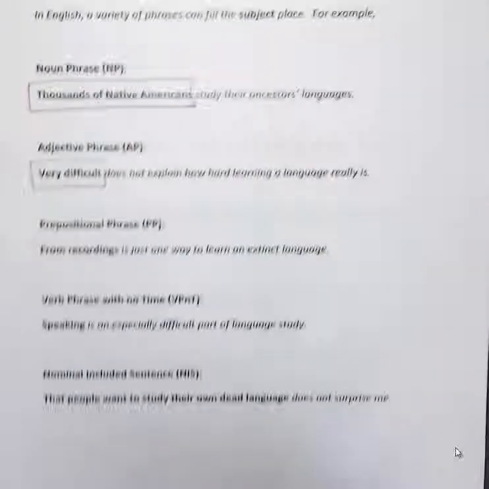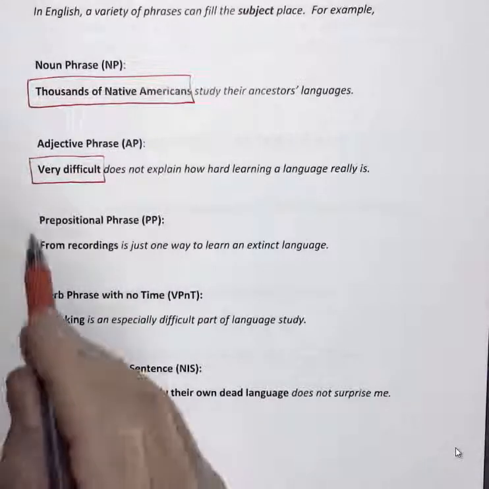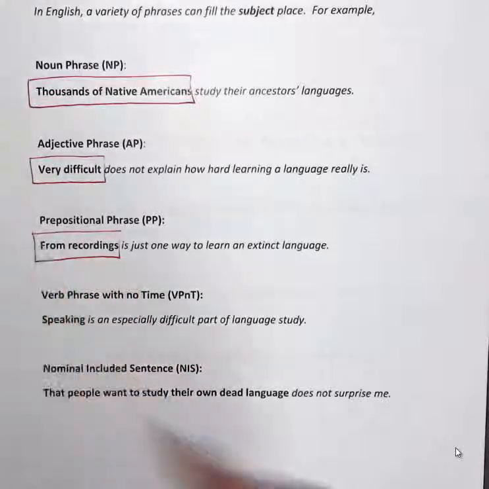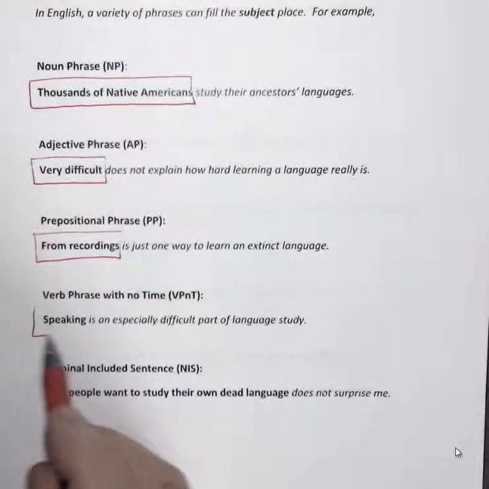A lot of times people say, oh, you can never have a prepositional phrase in the subject place. But I wonder, is that really true? From recordings is just one way to learn an extinct language. Verb phrases with no time are very often in the subject place.